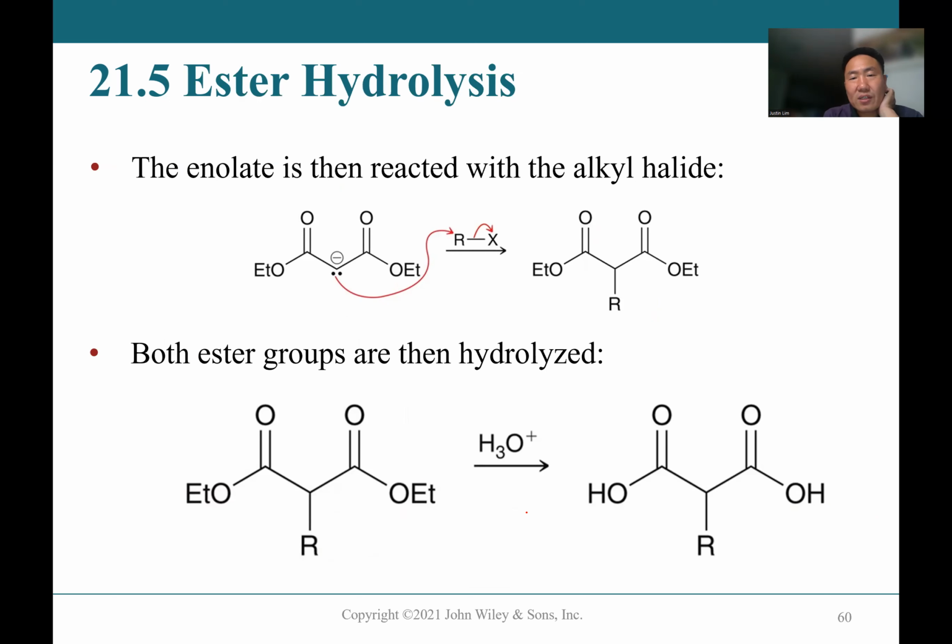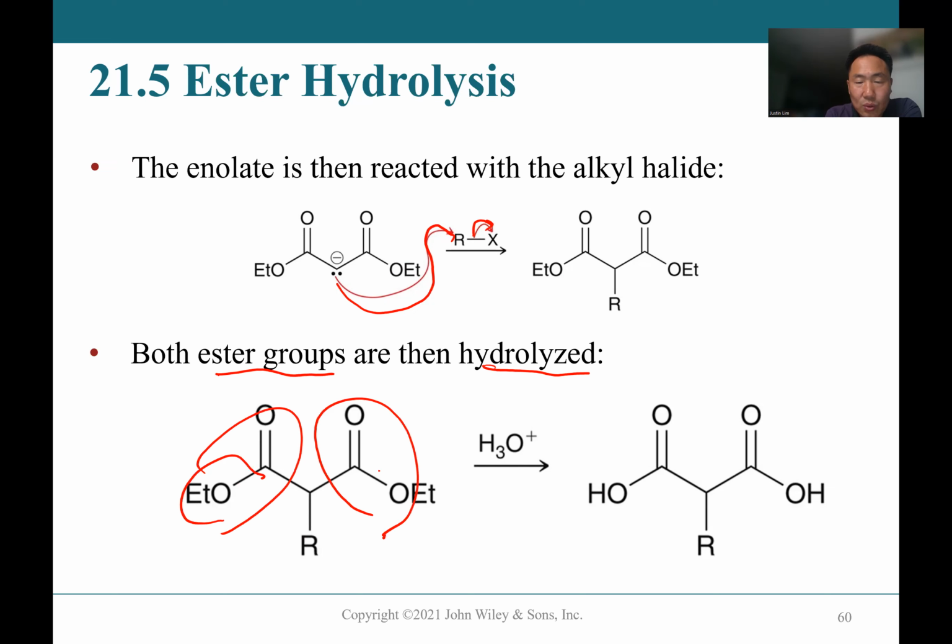This enolate is linked with the alkyl halide. Both ester groups are hydrolyzed, ester groups 1 and 2. When you use aqueous acid, we can get the carboxylic acid.